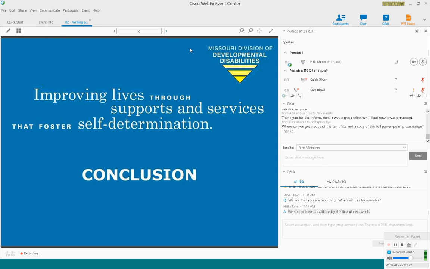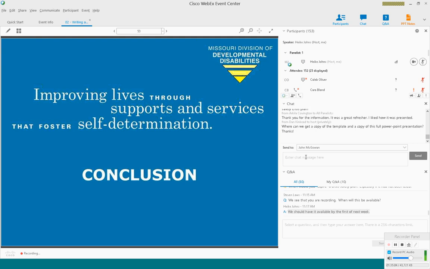There was a question about where you can get a copy of the template and the full PowerPoint presentation. I believe that all of that will be sent out with the blast after this training, whenever the training goes up on the website. I also will point you to the division's website under directives.